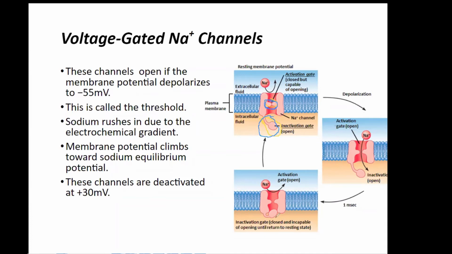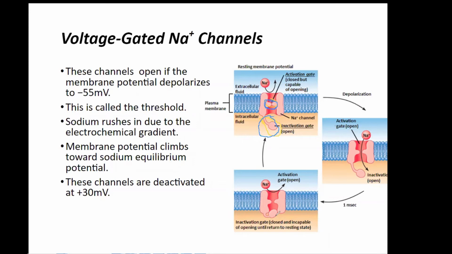And then we're going to move to our third picture. So after about a millisecond, our inactivation gate closes. Okay, so now we're not talking about that top gate in the middle of the protein. We're talking about this bottom one on the intracellular side. So you can see this kind of like tail curling back up to close up this channel.